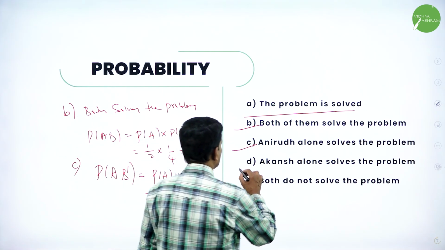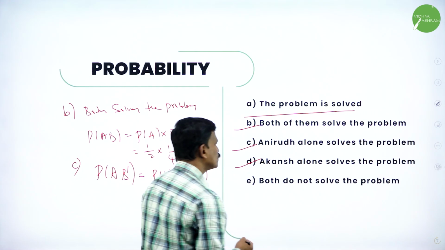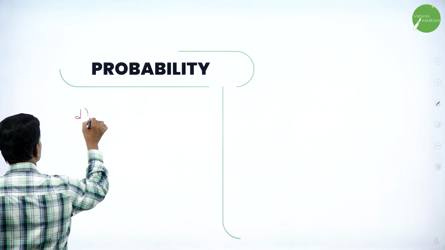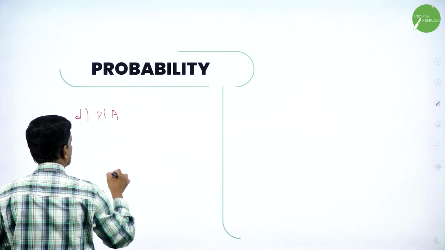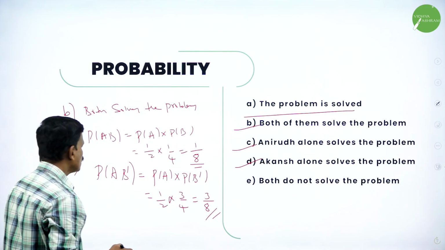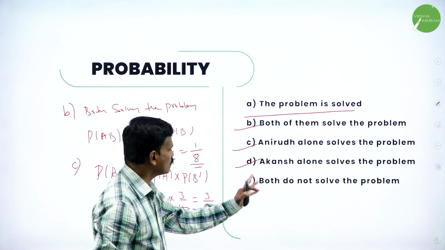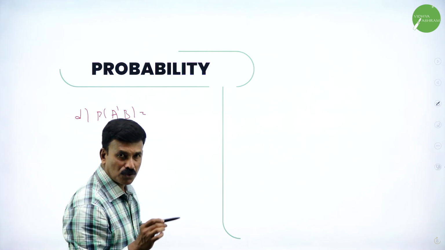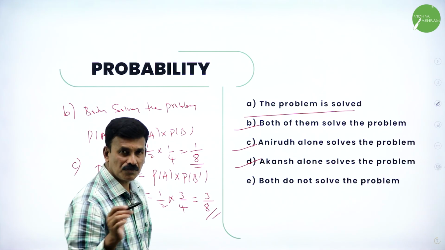Next one, Ankash alone will solve the problem. Ankash only will solve the problem means Ankash will solve the problem, whereas Anirudh will not solve the problem.